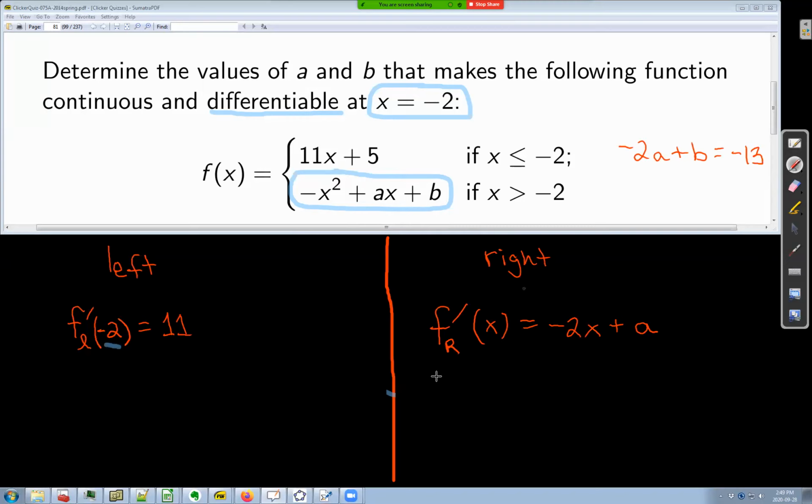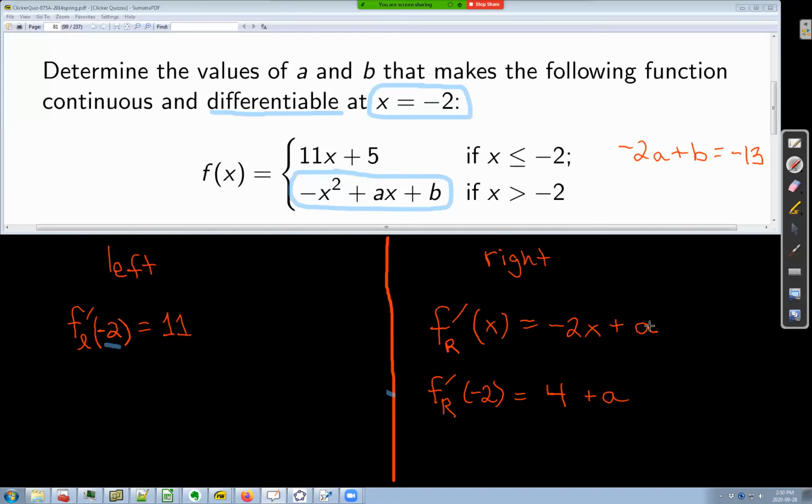And now we can plug in -2. So f prime r of -2 is equal to, again, I'm setting x equal to -2. So -2 times -2 makes a +4. And then the a is just a.